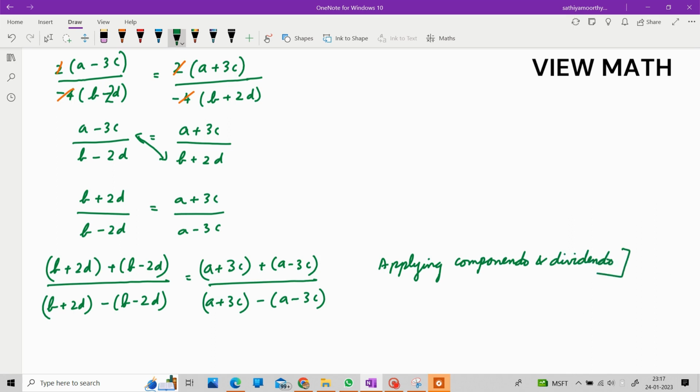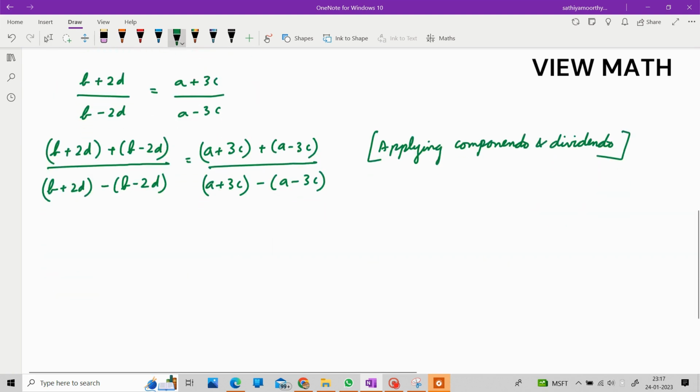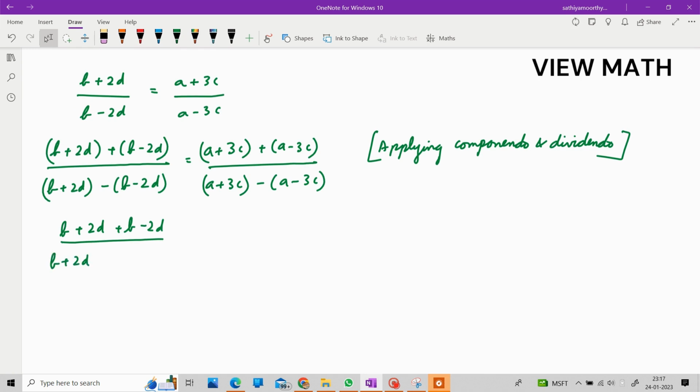We have got, now we are going to simplify it. So in the numerator, I get b plus 2d plus b minus 2d divided by b plus 2d minus b plus 2d. This is equal to a plus 3c plus a minus 3c divided by a plus 3c minus a plus 3c.